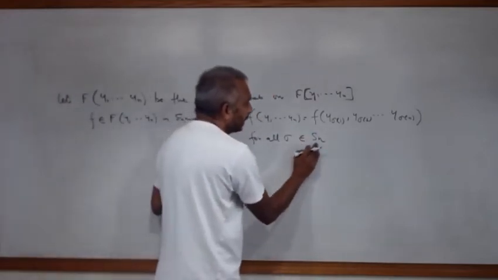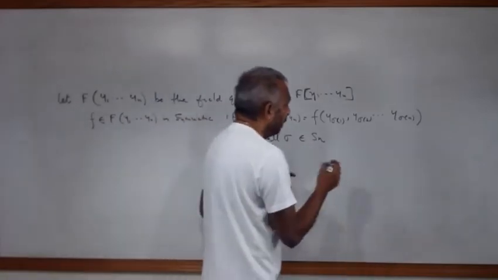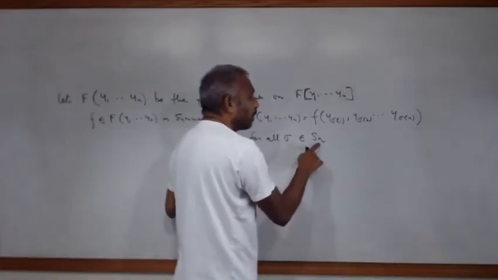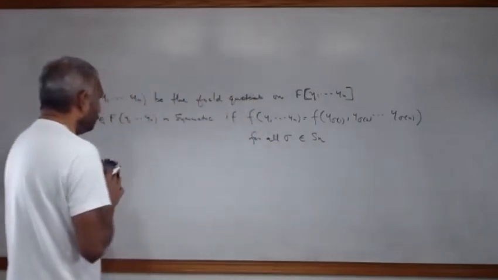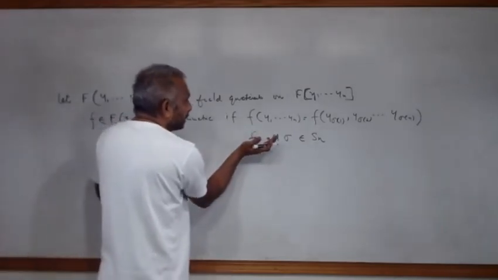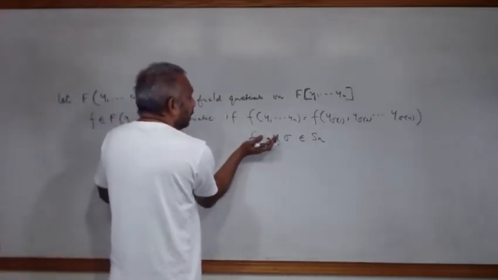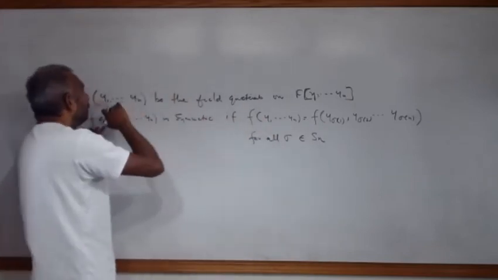Sn is the symmetric group on n elements, the group of permutations. So we want to use this to define an automorphism to define the symmetric function.